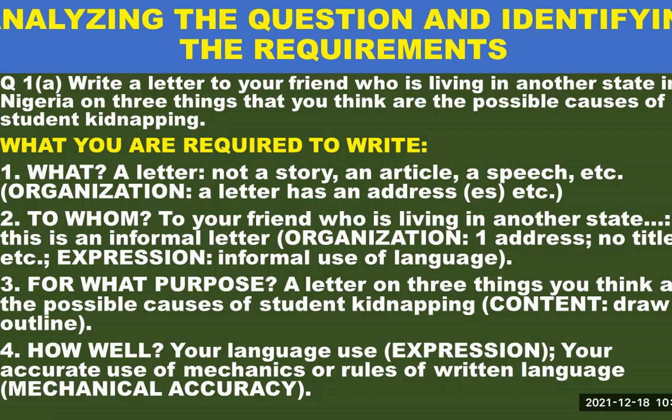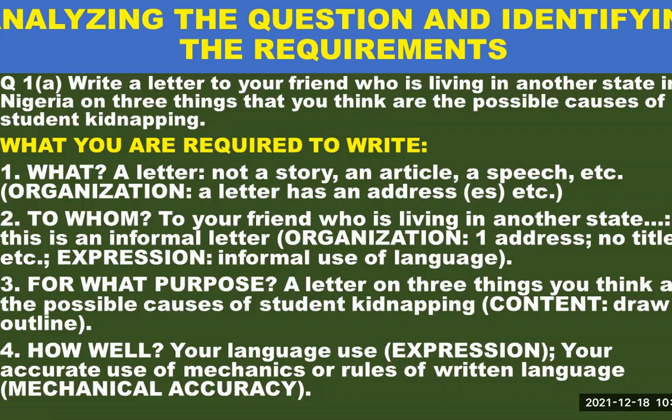Now, of course, you have already identified that you are writing a letter to your friend, and this shows that you have to use informal language. Your language is going to be conversational, all right?